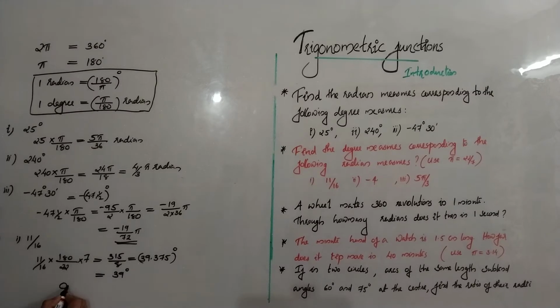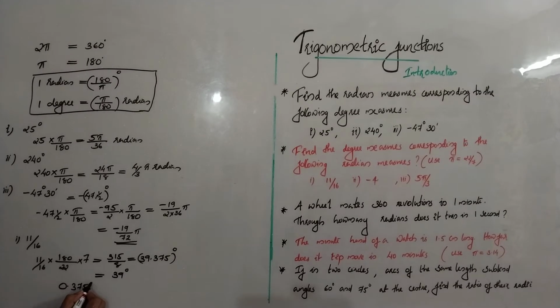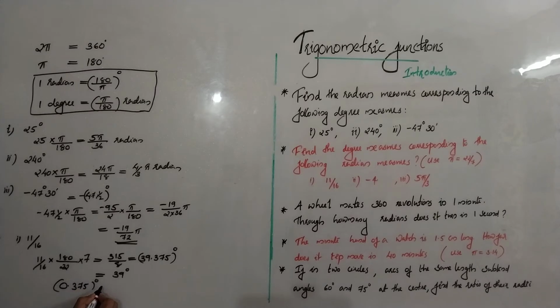How do we convert 0.375 degree to minute? That is 0.375 into 60 minute.